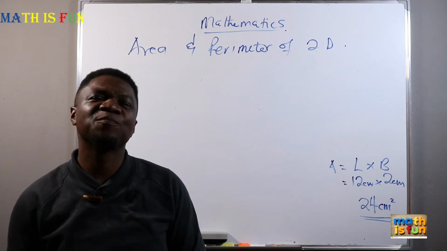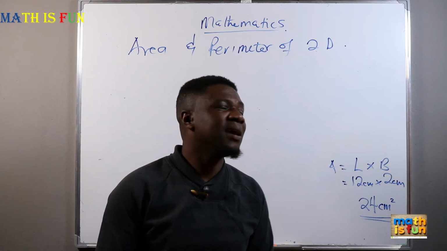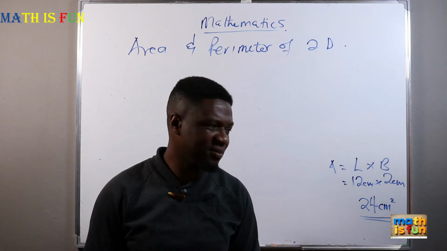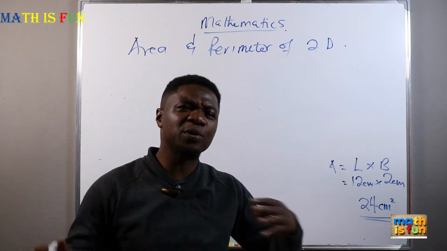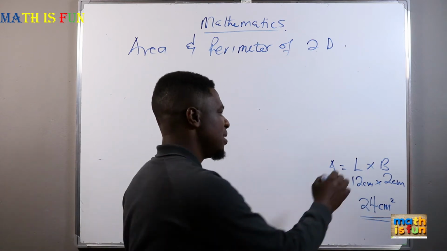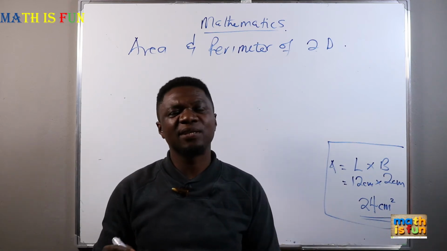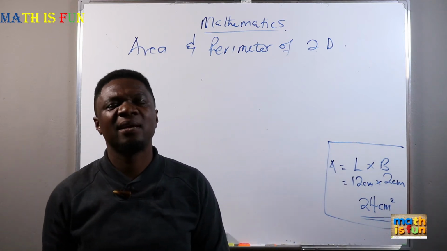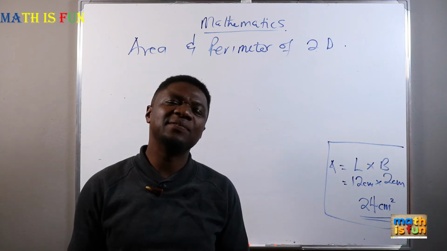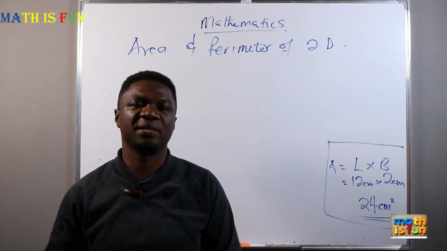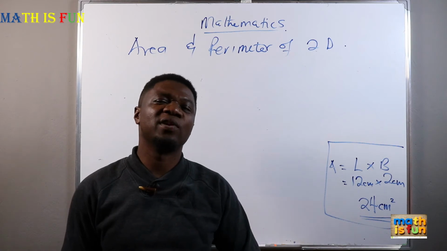The area of a rectangle is, let's say, 24 centimeters squared. We've done the same thing, so we want to check if we will be right or wrong. The area of a rectangle is 24 centimeters squared. The length is given as 12 centimeters. What is the breadth? Or calculate for the breadth.